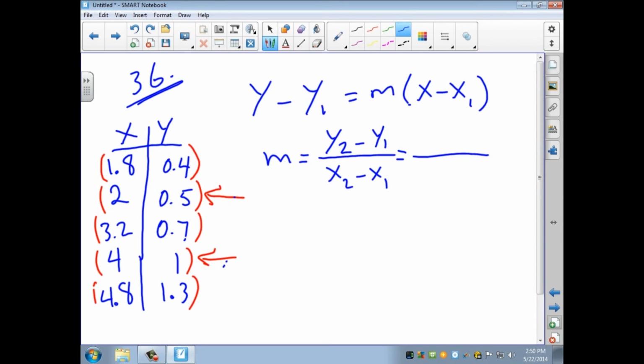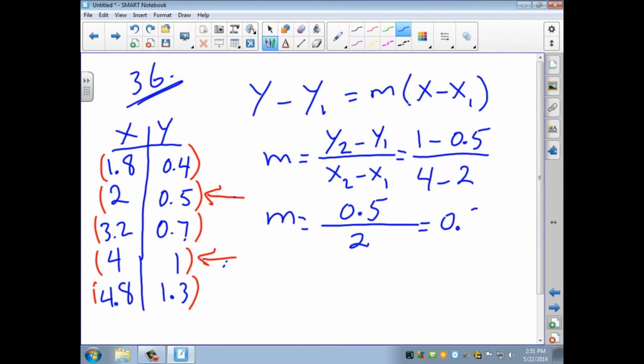So y2 is 1 minus y1 is 0.5, x2 is 4 minus x1, which is 2. Therefore, m is equal to 1 minus 0.5 over 4 minus 2, which is 0.5 over 2. Now, 0.5 divided by 2 is what? 0.25. That is the slope.